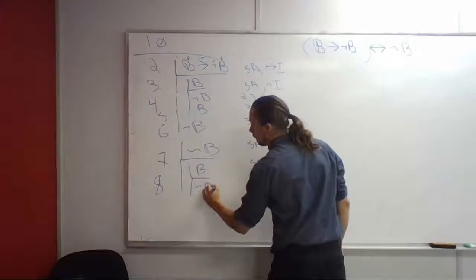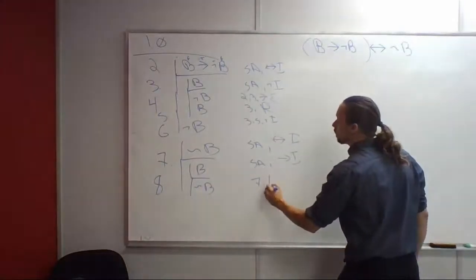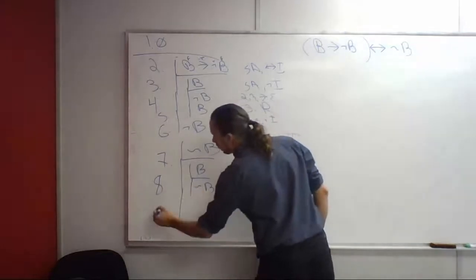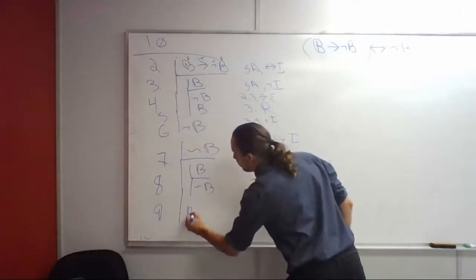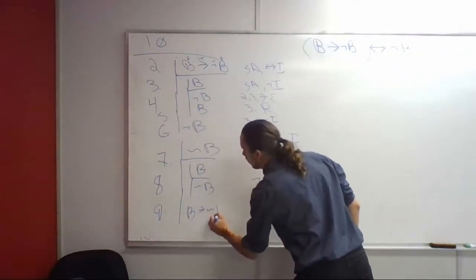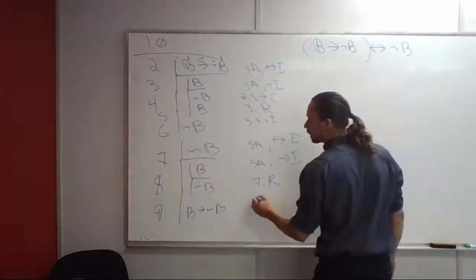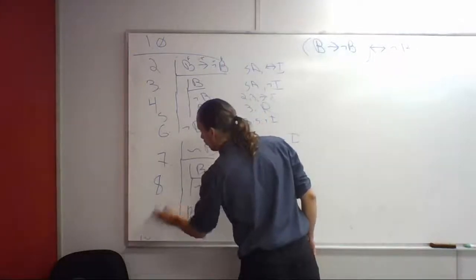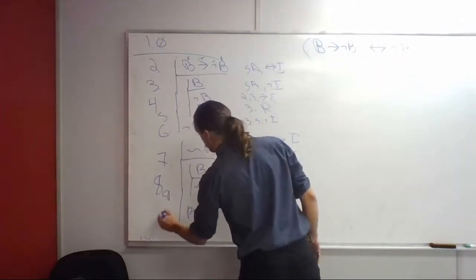And I'm going to go not B. Where did I get that from? 7. I'm just repeating myself. I already have not B as an assumption. So from the assumption of that, I get if B, then not the case that B. Did I miss some line numbers here? I think I did. So this is 9, that's 10.